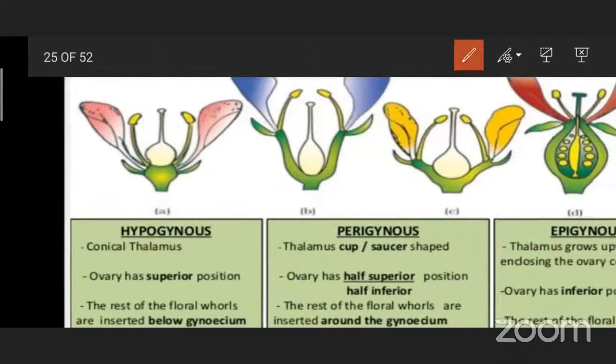So now let us discuss the first one, hypogynous. When we observe hypogynous, the gynoecium is arranged on the thalamus. This is the gynoecium, arranged on the thalamus. And the thalamus has a conical shape.